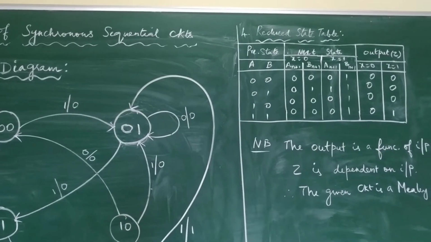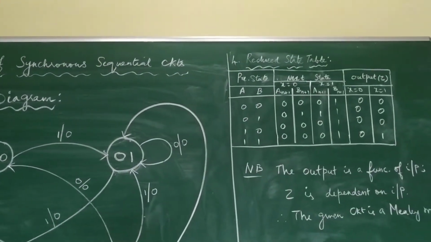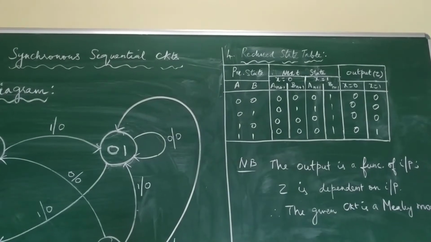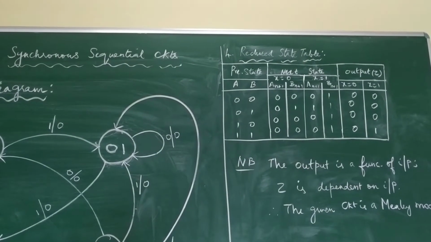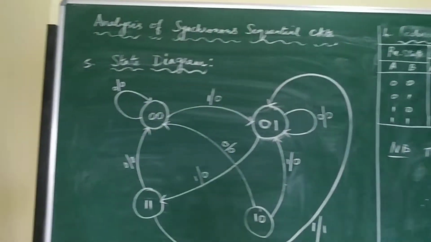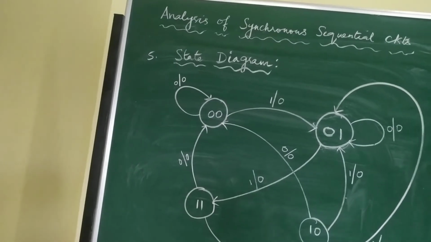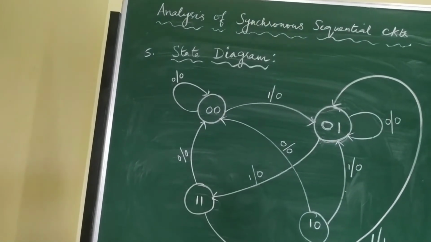The values are 0, 0, so put a self loop for x equal to 0. And what is the output z for x equal to 0? It is also 0. So the format should be written like input by output along with the loop. You can see there 0 by 0.